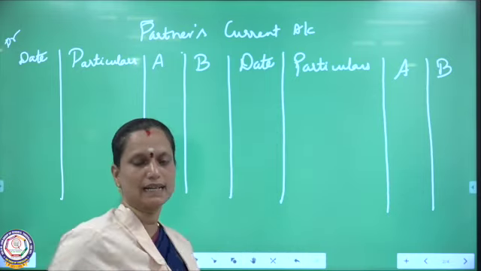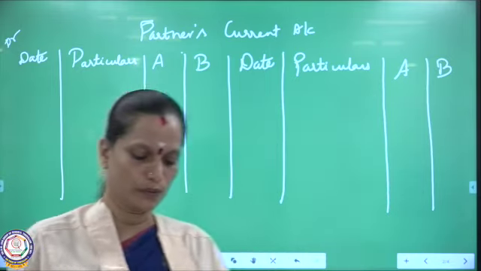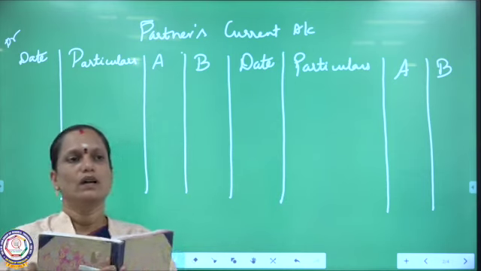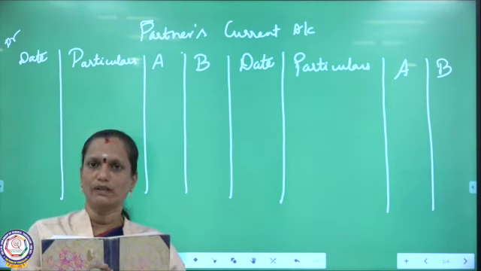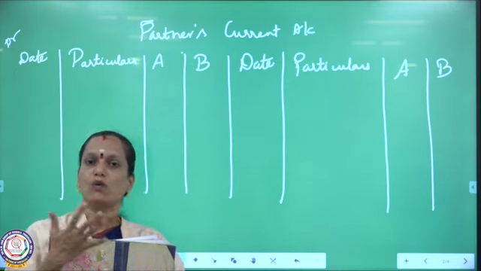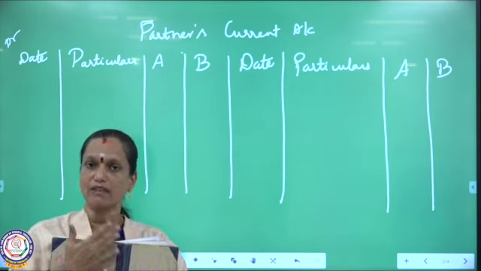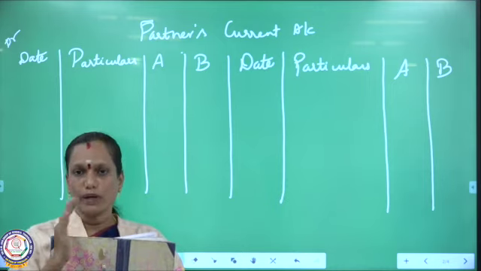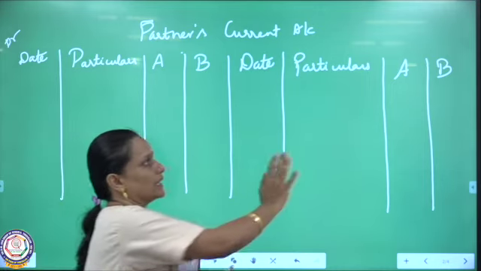See, partners' current account, what are we going to do? In the current account, what are all the amounts we are receiving? For example, I am the partner. What are all the amounts I am receiving from the business, I am going to credit everything here.